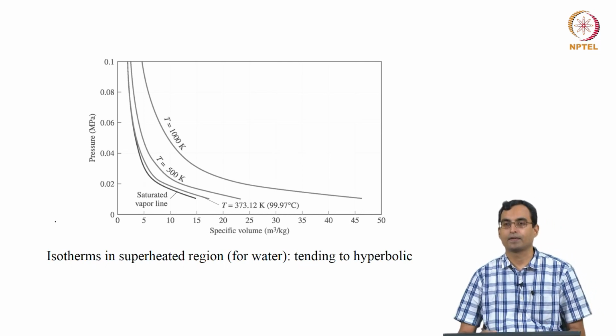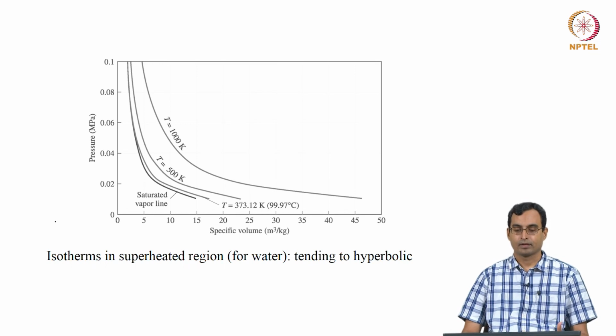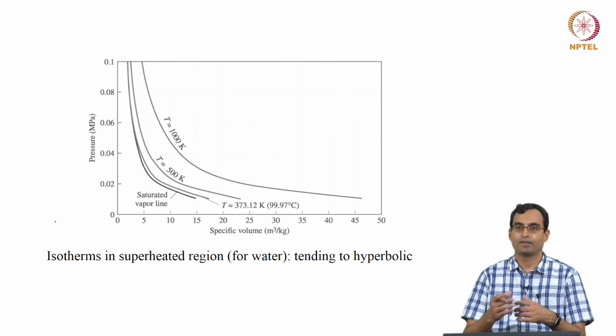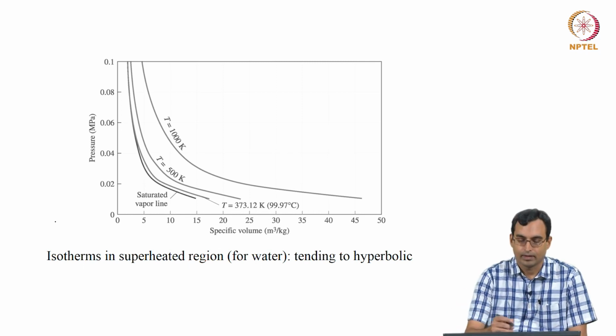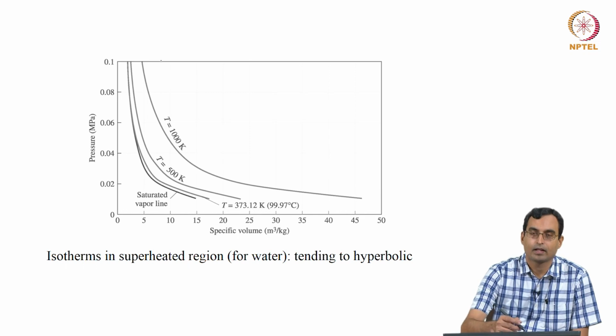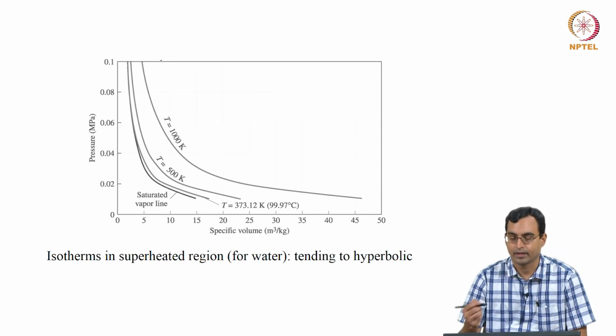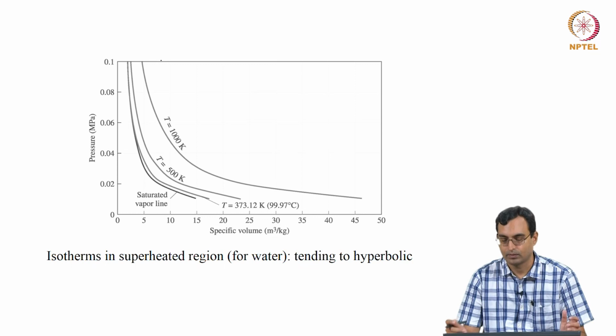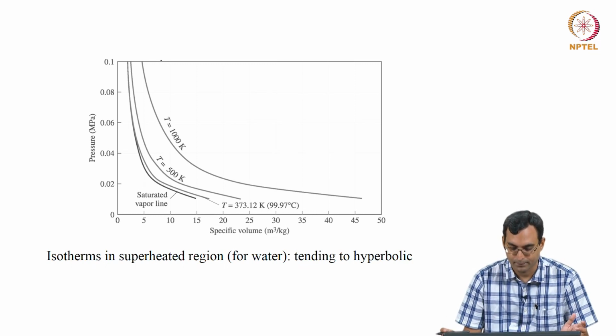When you are very close to the liquid vapor dome, these substances, the vapors, do not behave like ideal gases, and when you want to find out the properties of these vapors, we would generally take them from tables. As we go far away from this liquid vapor dome, the vapors start to behave like ideal gases, and then we can use the equation of state and find out relations between the various properties.